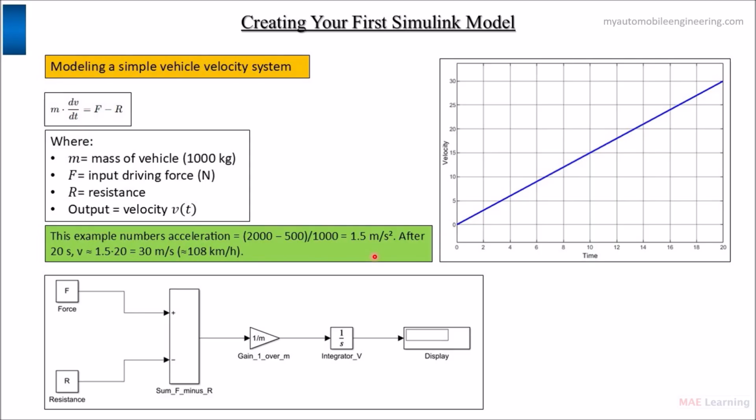If we keep this for 20 seconds, the speed will be 1.5 times 20, which is 30 meters per second, or around 108 kilometers per hour. Now we will model this small model by using Simulink.